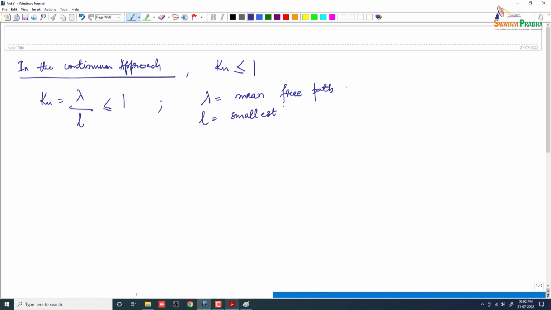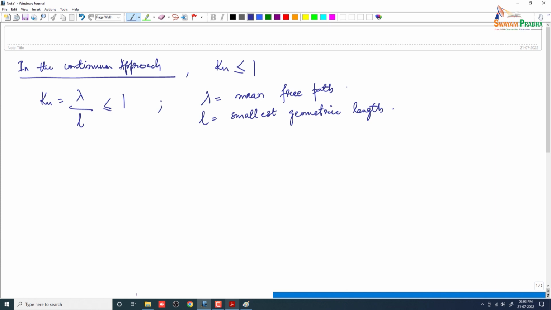Now let's see if there are places where this description of the continuum approach can actually not be applicable.